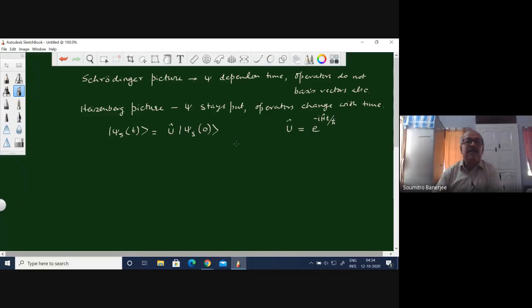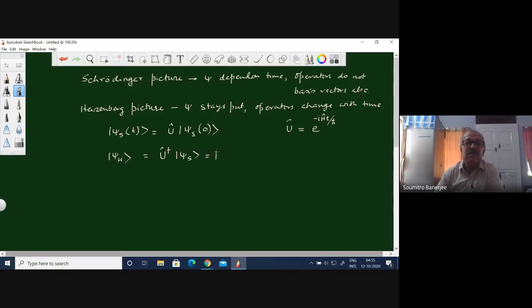Then we said that in the Heisenberg picture, we do not put psi as a function of time because we are deliberately positioning things in such a way that it will not depend on time. So we say U dagger of the psi s, so that when you put U dagger U together, you basically get the starting value. So this one does not change.